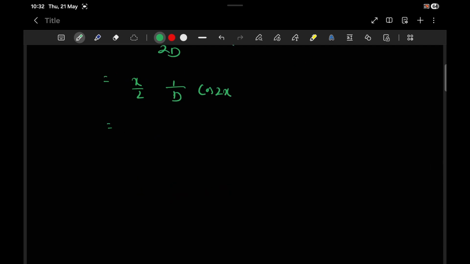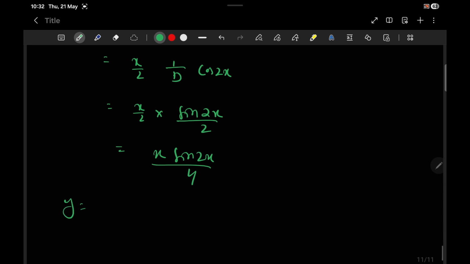What I had told you, the 1 by d represents the integration. So the integration of cos 2x is sin 2x by 2. So x by 2 multiplied by sin 2x by 2, so x sin 2x by 4.